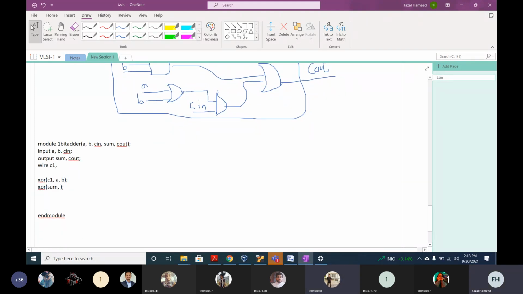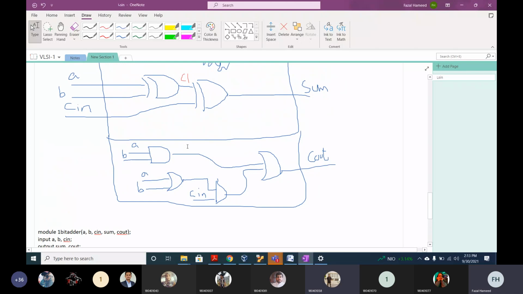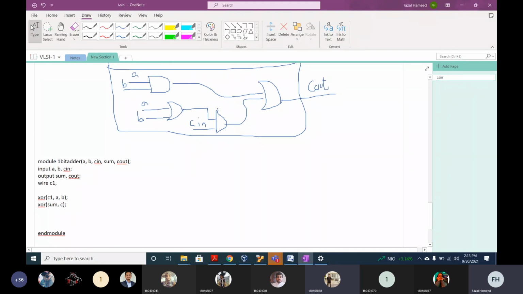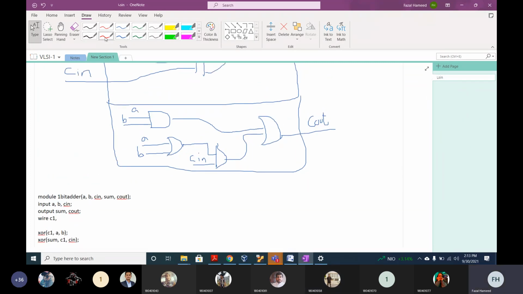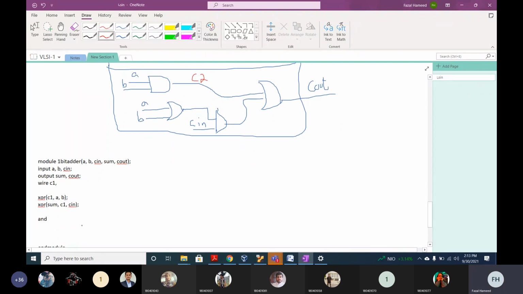What are the inputs? The input is C1 and C in. What about the AND gate? So we can call it C2. What for the AND gate? Sir, output is C2.